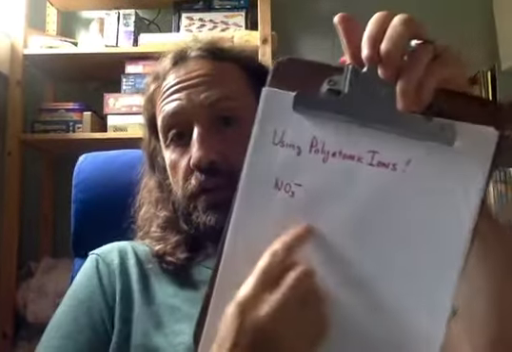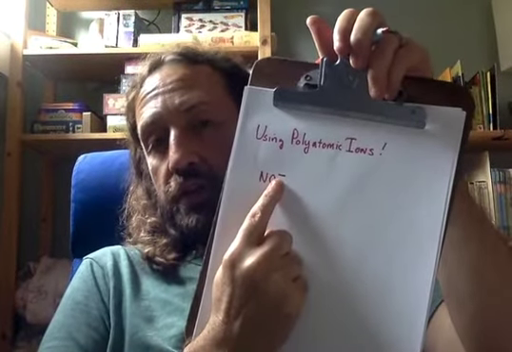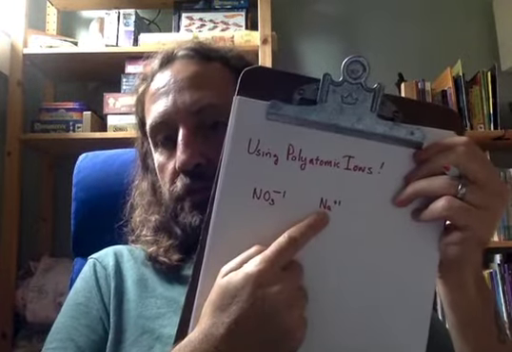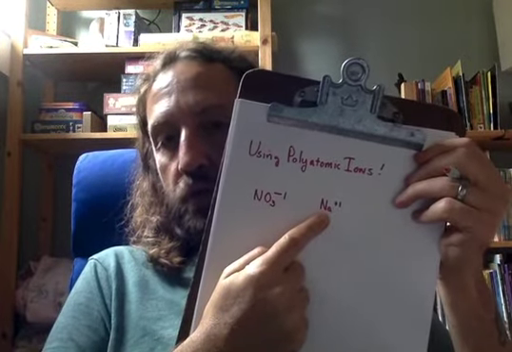So a nitrate is made up of one nitrogen covalently bonded to three oxygens. It has one extra electron, which gives it that -1 charge. So all nitrates are always -1. If we pair that with a sodium ion, and we know from the previous video, a sodium is going to be a +1.